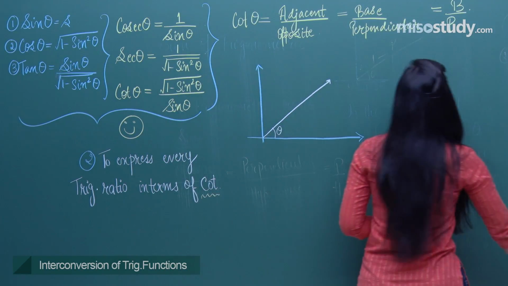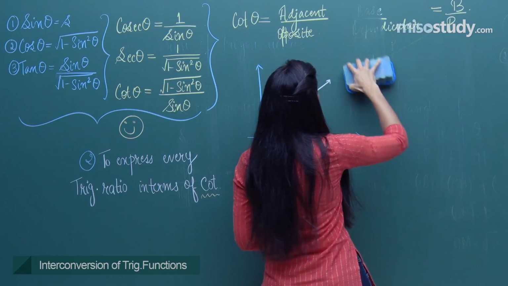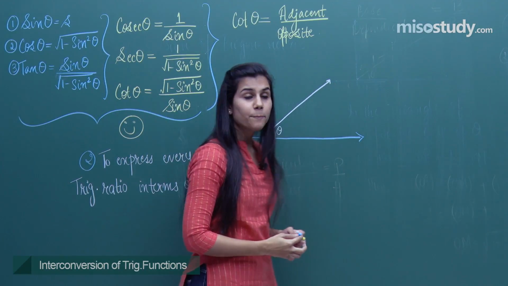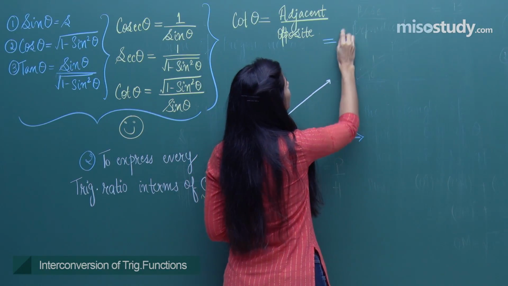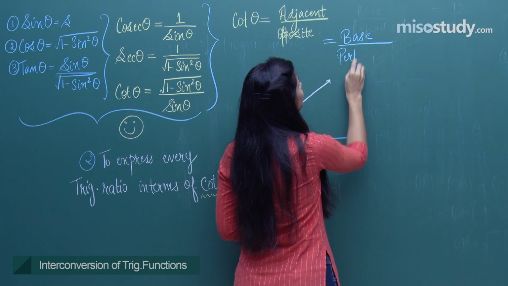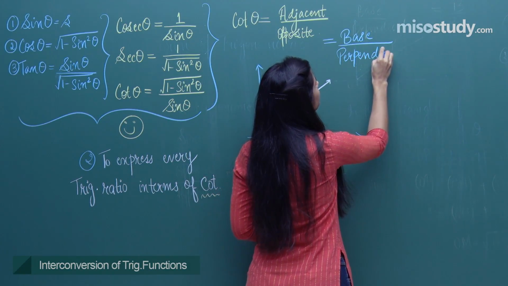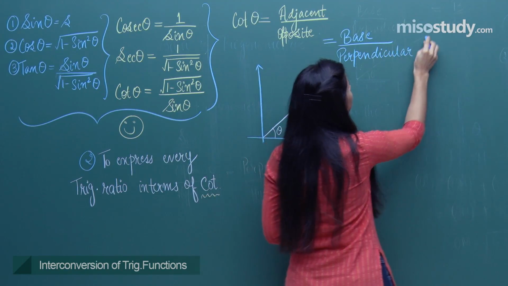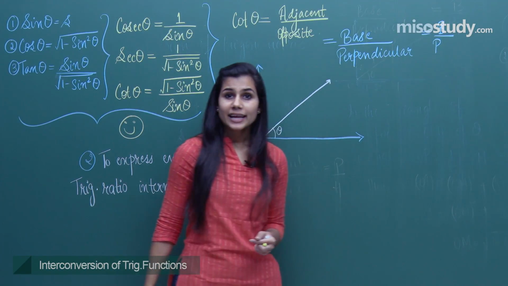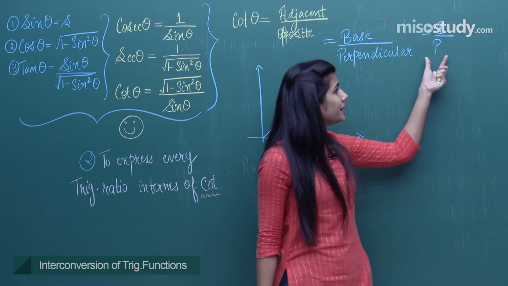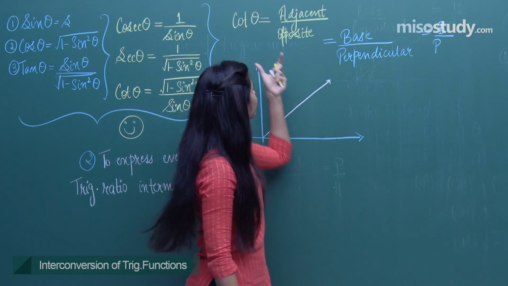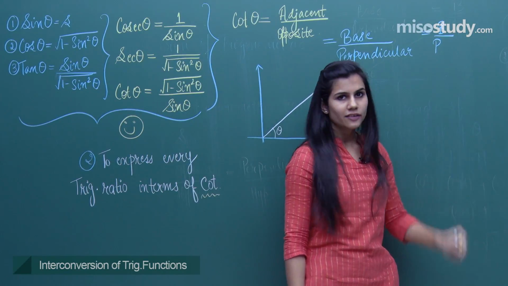We had the base at the numerator, the perpendicular at the denominator, which we in short form wrote as B upon P. And as I told you, the denominator will have to be equal to 1 to not let cot theta come out as a fractional value.